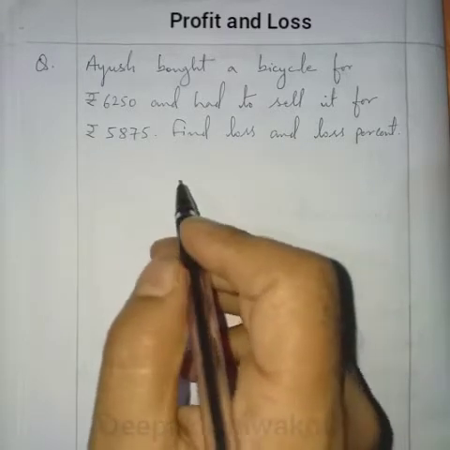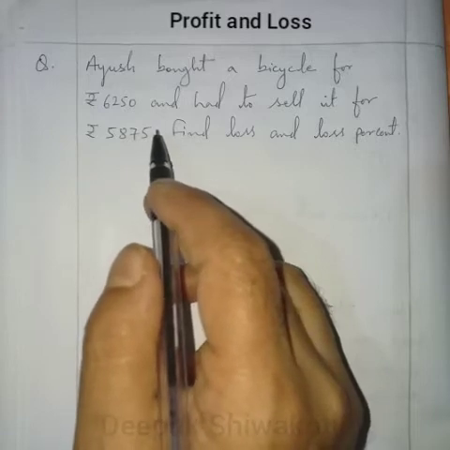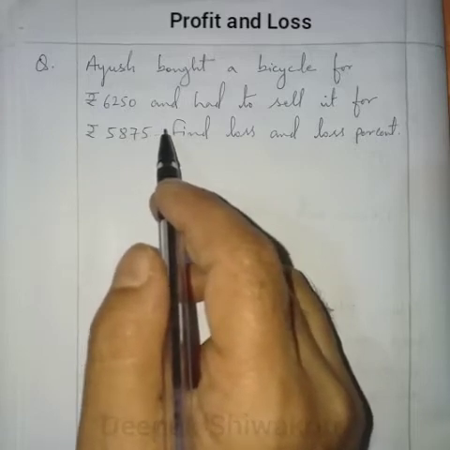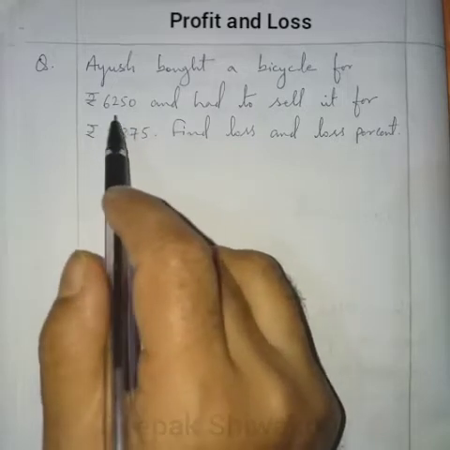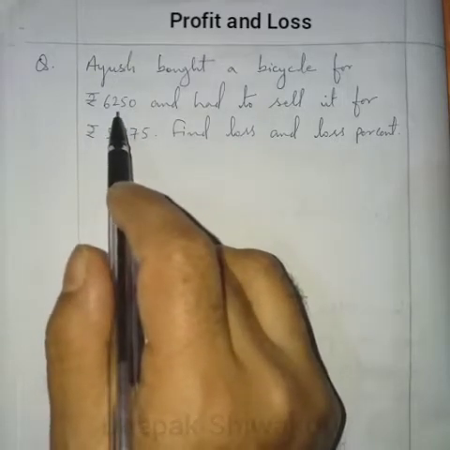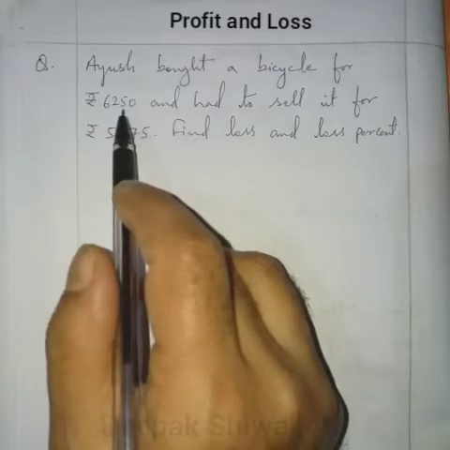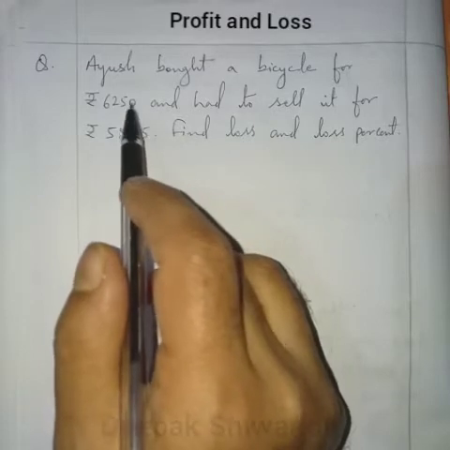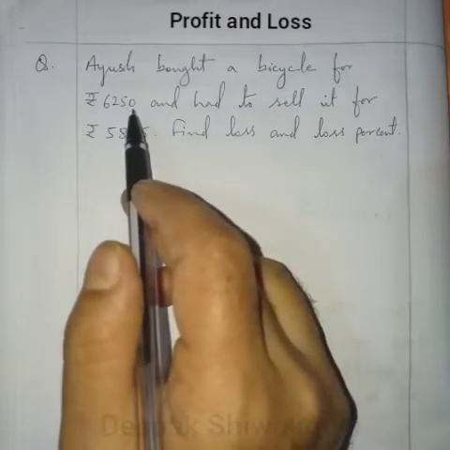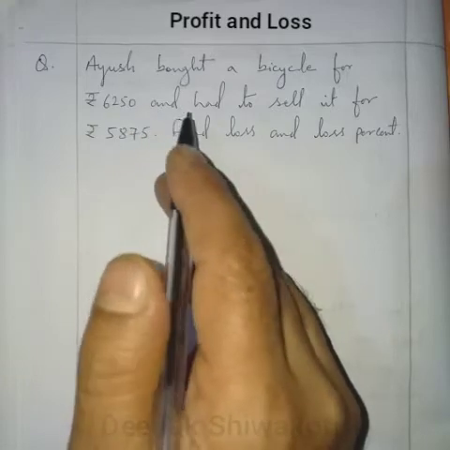So at first we have to decide whether this transaction is loss or profit. For that you have to see cost price and selling price. If the cost price is more, then he will have loss. If the cost price is less than selling price, then he will have profit. So this much we know.